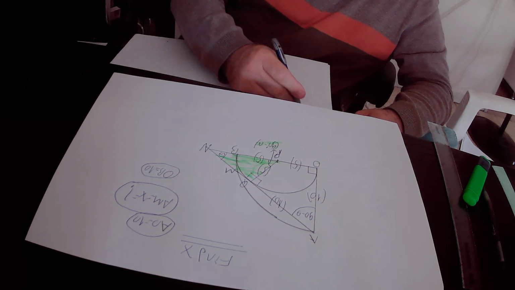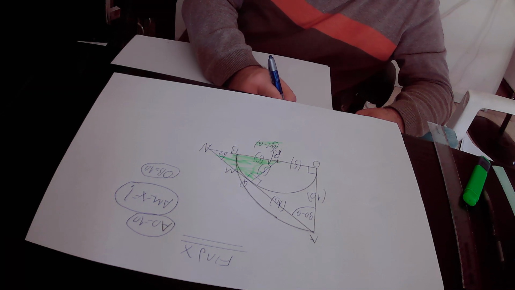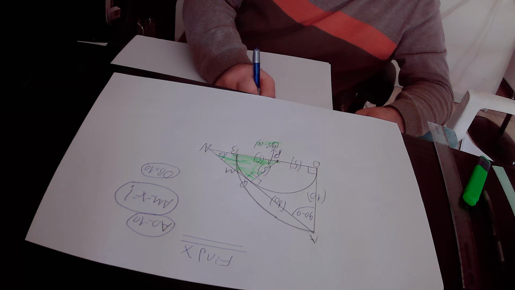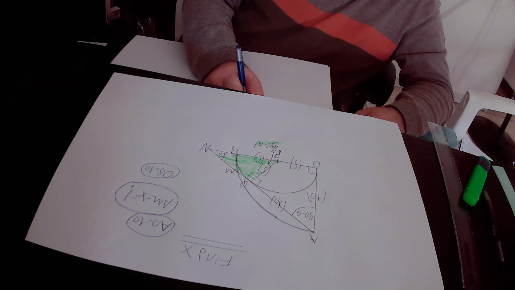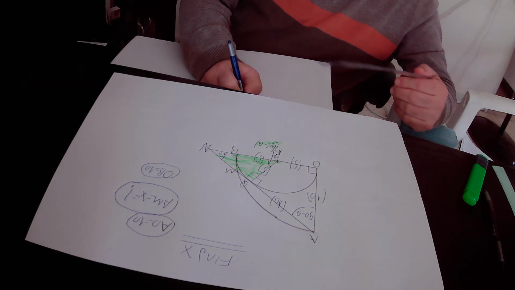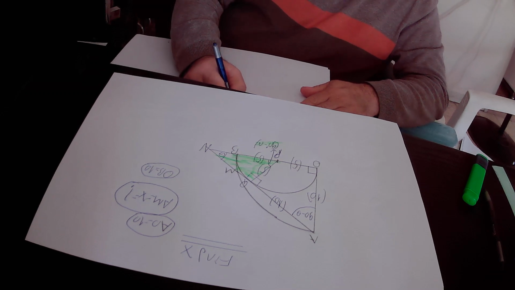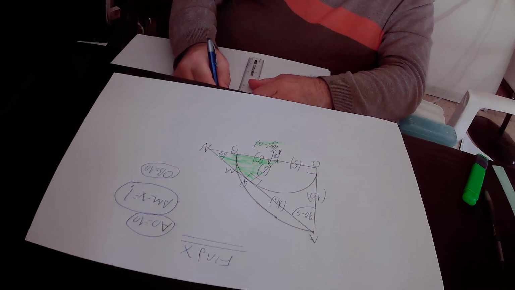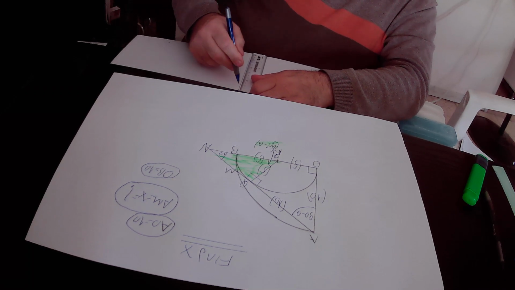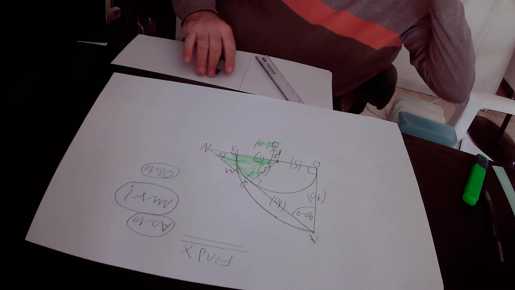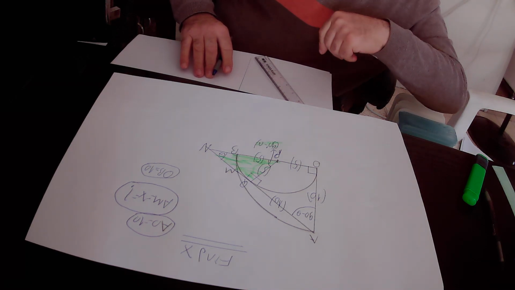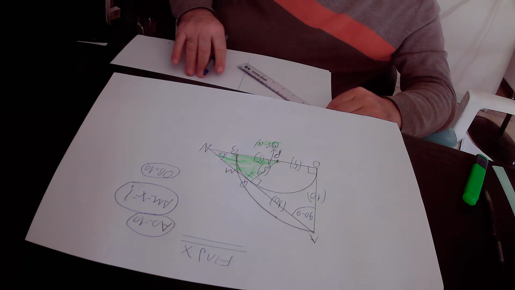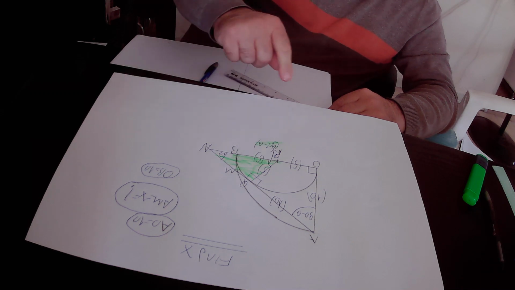We'll prove that the big right triangle AON is similar to the small green triangle, triangle PQN.